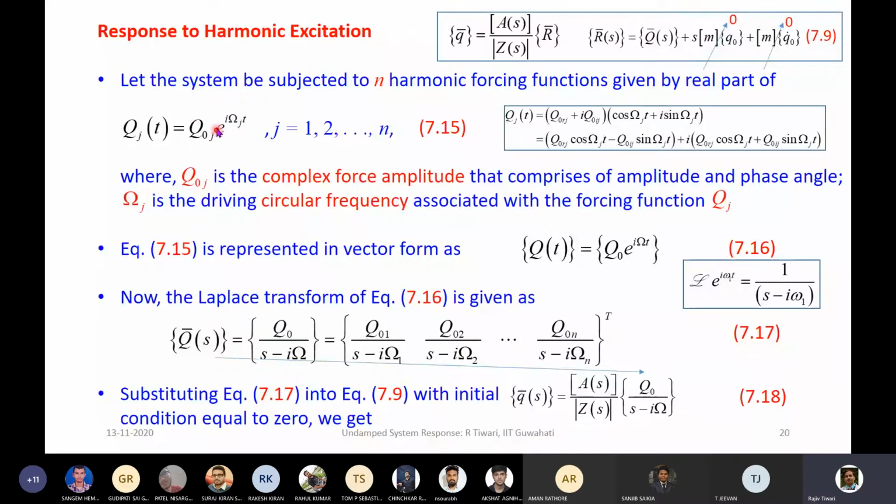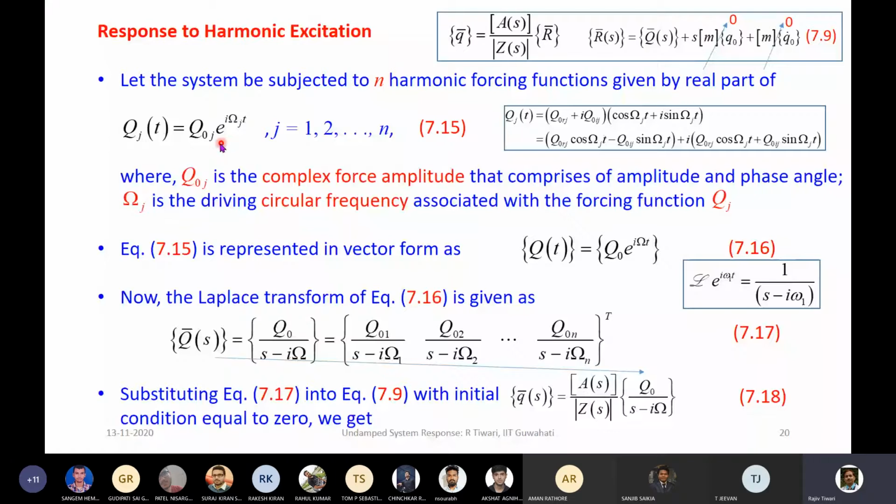And once it is a complex quantity, we will have the amplitude and the phase part of it, because the force will have phase as well as the amplitude part. As such the force is a real quantity, but here we have expressed it as a complex quantity. This is for mathematical convenience.